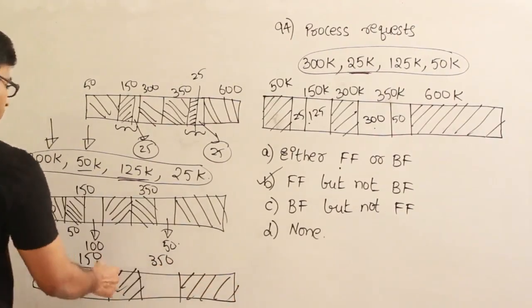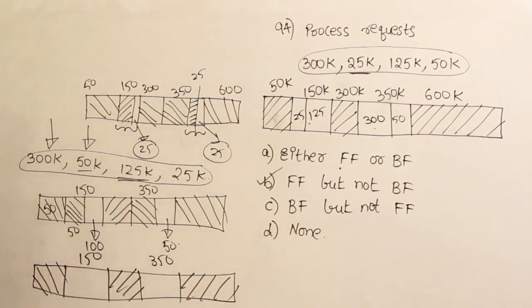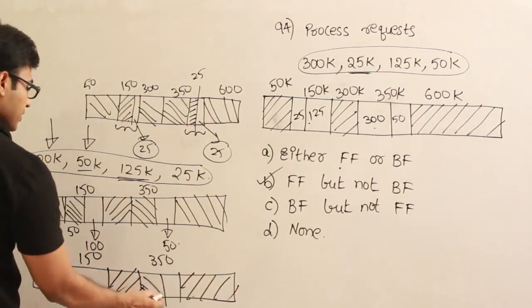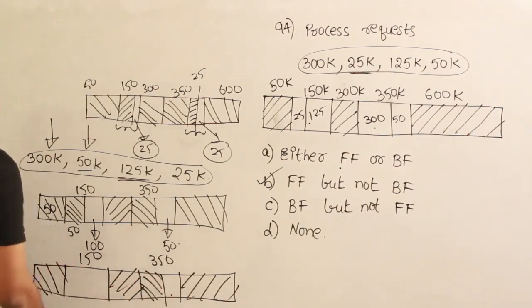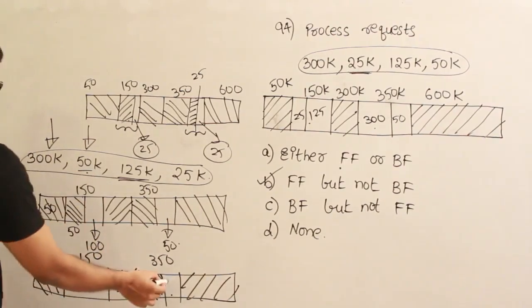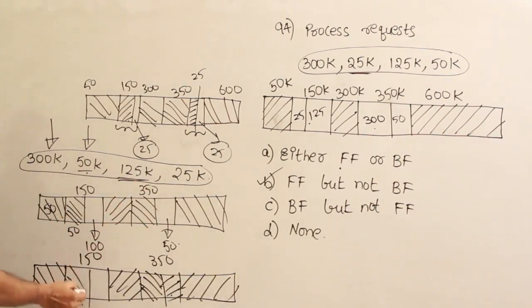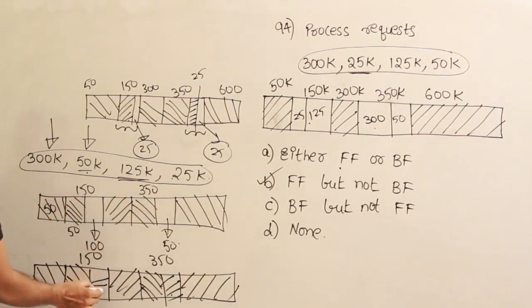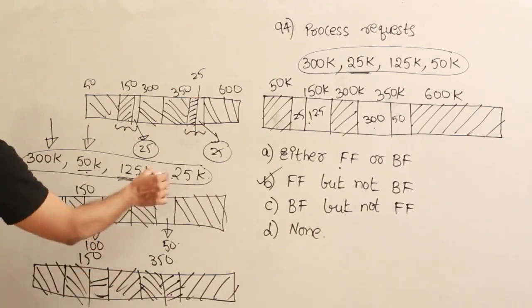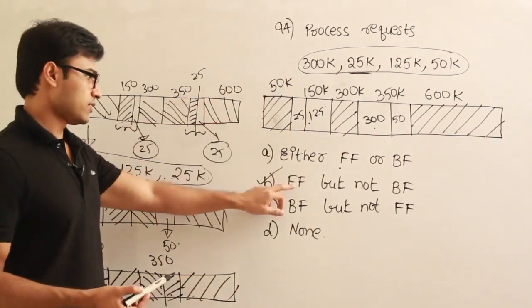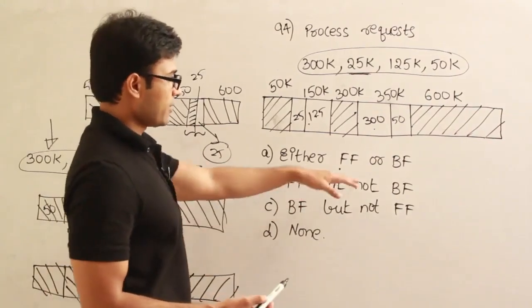Now 150 and 300, if this is the request you got, let's see how the best fit works. 300 will be kept here completely, and now a 50 hole will be present, and then 50 will be kept here because this is the best fit. And then 125 will be kept here, and 25 will be remaining, and 25 will be kept here. So if this is the sequence, first fit will fail and best fit will do well, and if the other is the sequence, first fit will do well and best fit will fail.